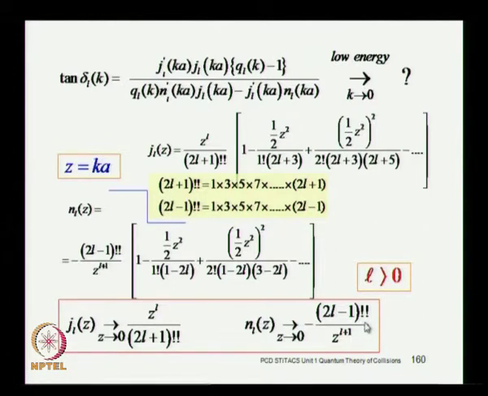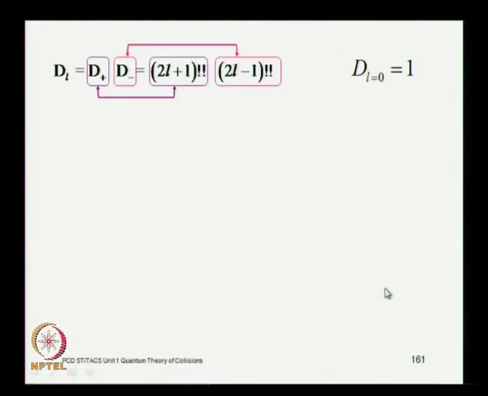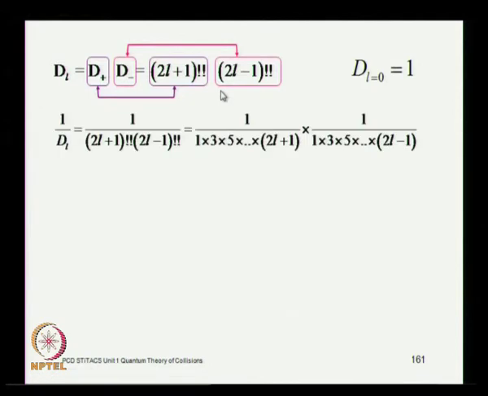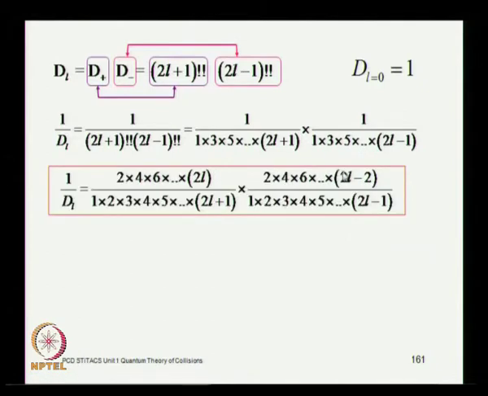So, let us first consider l greater than 0 terms. We will also consider l equal to 0, for which this term is equal to 1, and this is the definition of this notation, in which 2 exclamation marks are used instead of just 1 to represent the product of odd numbers, and these are some alternative forms. You can stick in the missing even numbers in the denominator and compensate for them by inserting them in the numerator. Okay.